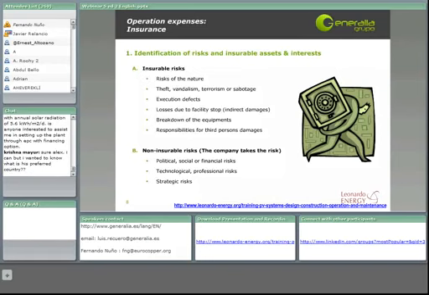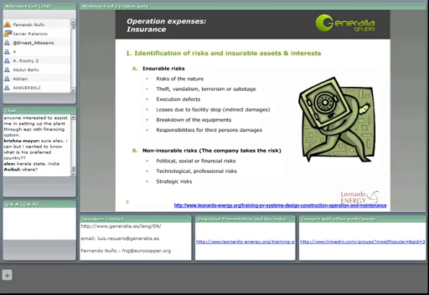This can cause serious damages to the elements in that sun tracker, but this can also produce production losses and losses for the laborers. So we have to have spare parts in the solar plant in order to avoid this kind of incidents, and also contract an insurance that protects us for production losses. Finally, the last insurable risk would be the responsibilities for third persons' damages.